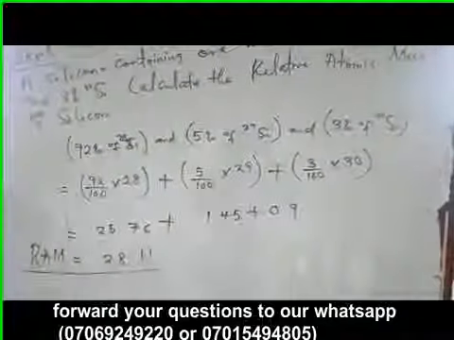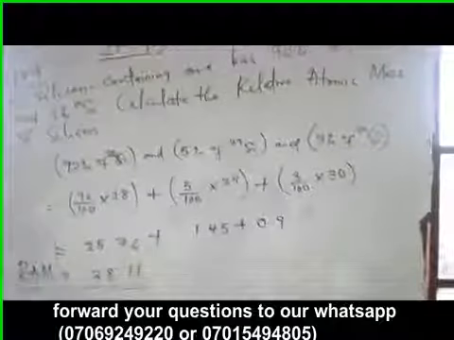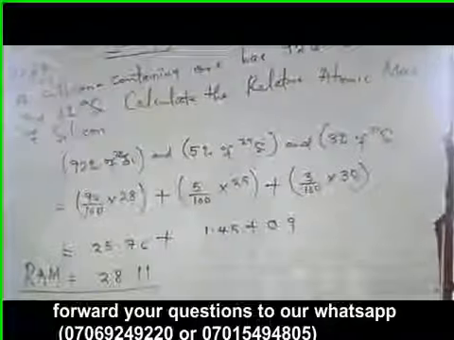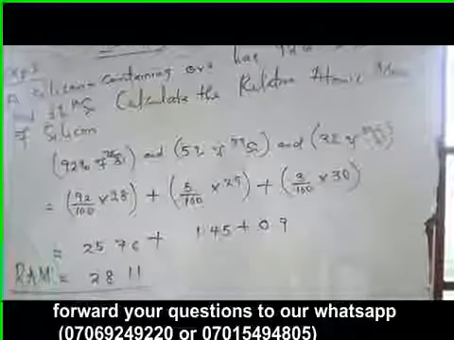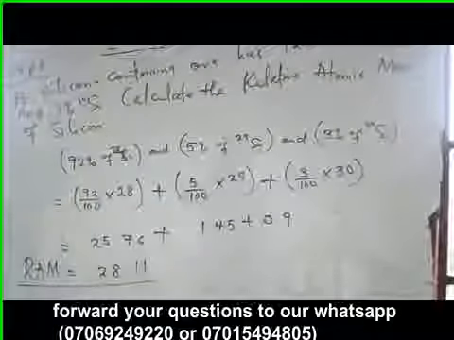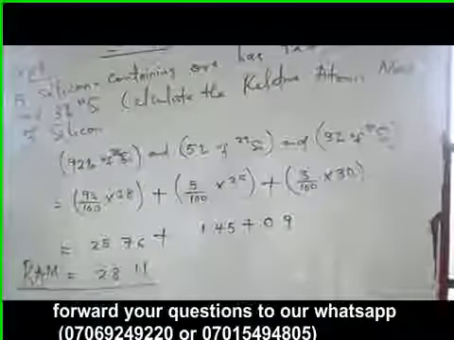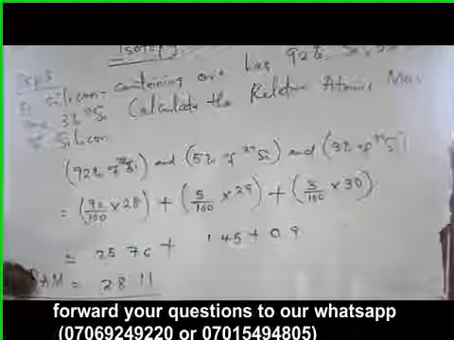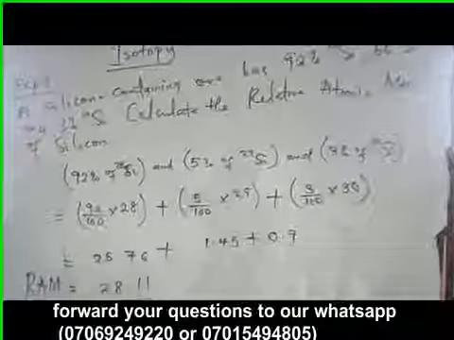Some elements, not all, exhibit isotopy. For example, carbon: we have carbon-12, carbon-13, and carbon-14, which are the mass numbers of those carbons. We have carbon with mass number 12, which is very common, mass number 13, and then mass number 14.